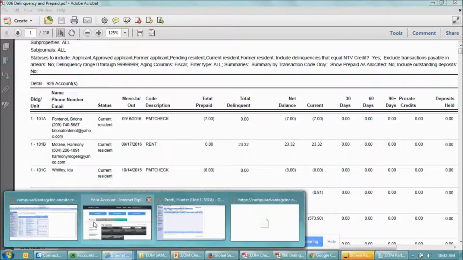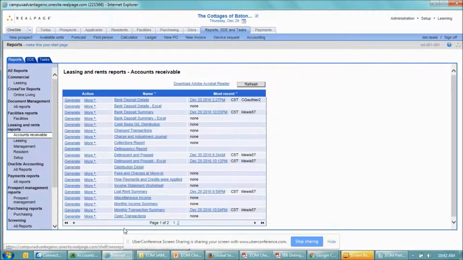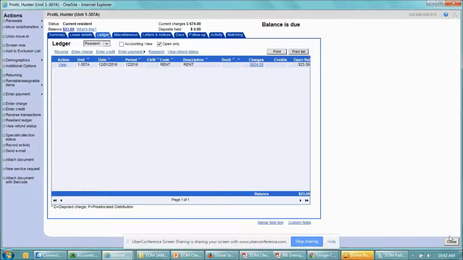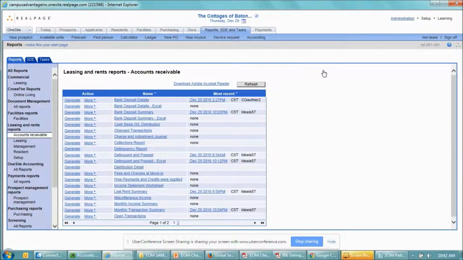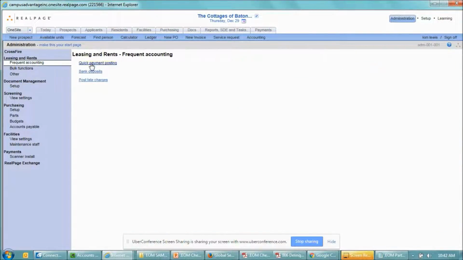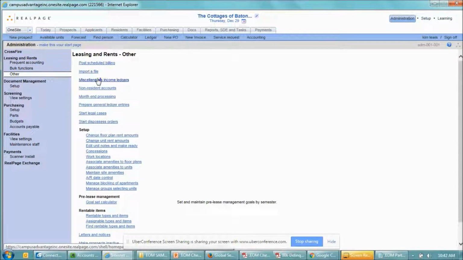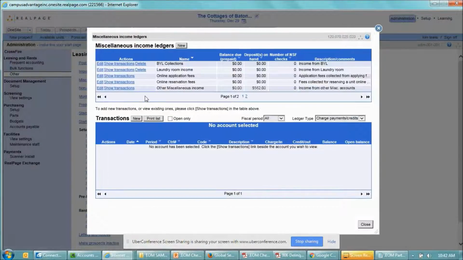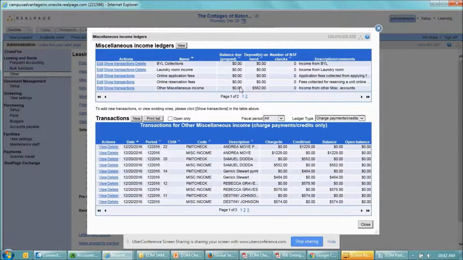Basically, the miscellaneous income ledgers are for any money that you receive from BYL, or maybe a vendor refund that you have to scan in. Those ledgers should never have a balance in them.